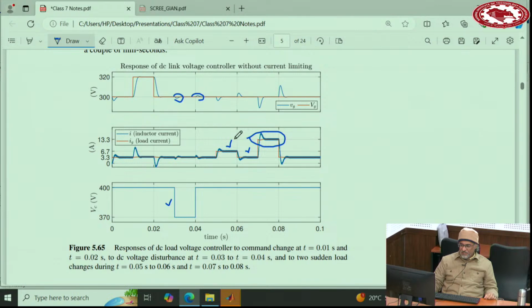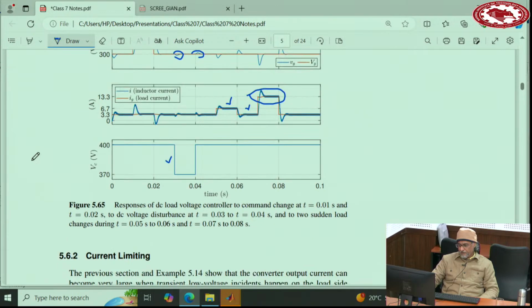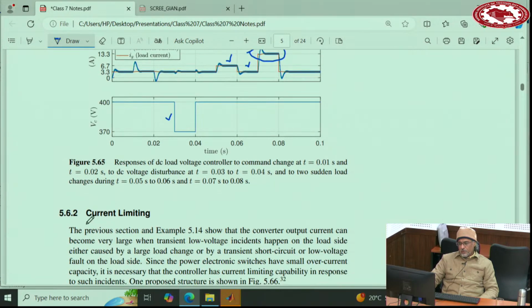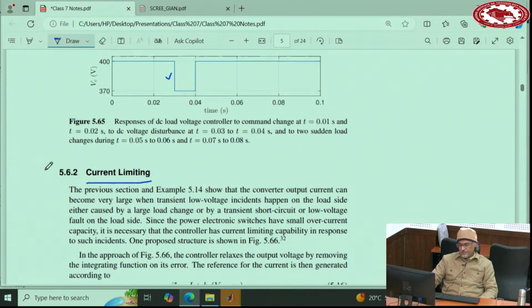We never put it there. So this approach works very well, but it is not able to limit the current, and that is very important. Current limiting, we cannot really ignore it. So next section, we are going to incorporate the current limiting into this control structure.